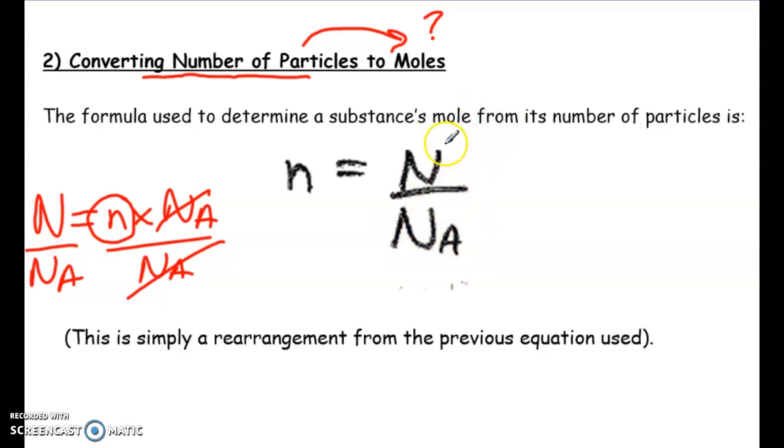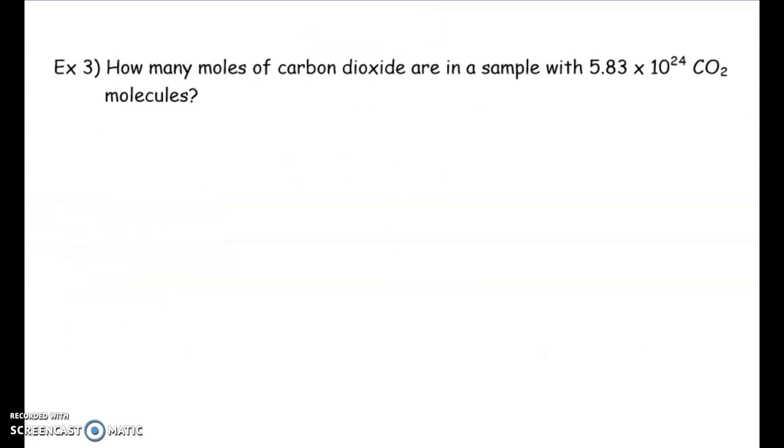So remember, this number can be anything, atoms, particles, whatever it happens to be. And we know that Avogadro's number is 6.02 times 10 to the 23. So let's do an example. How many moles of carbon dioxide are in a sample with 5.83 times 10 to the 24 carbon dioxide molecules?